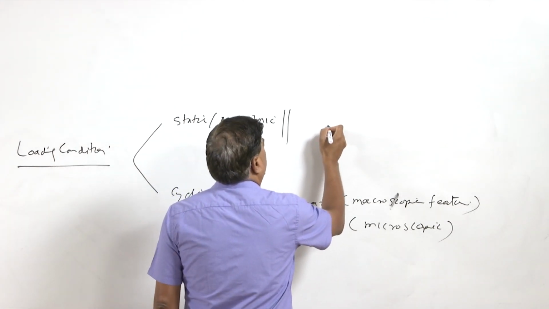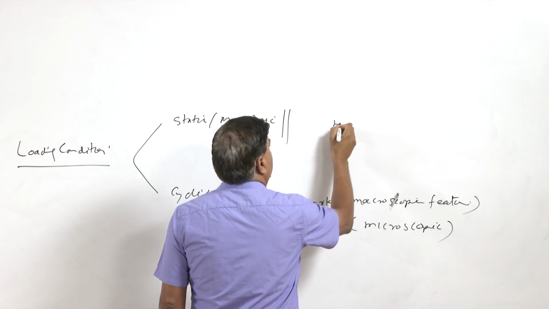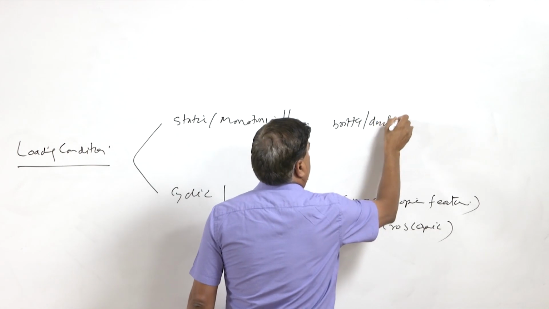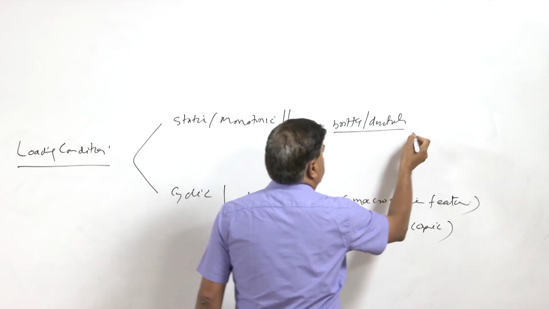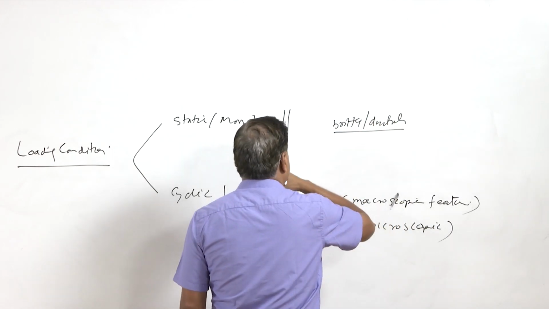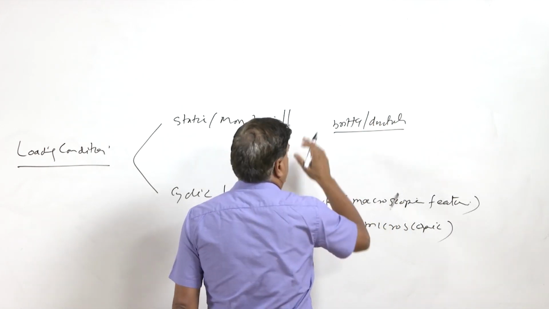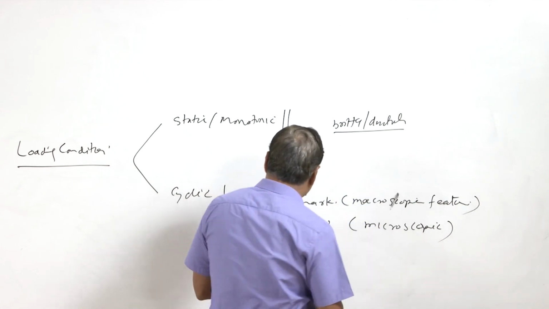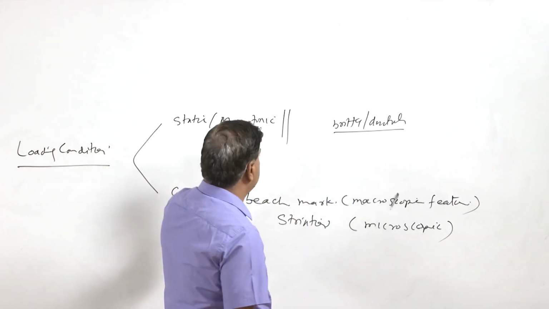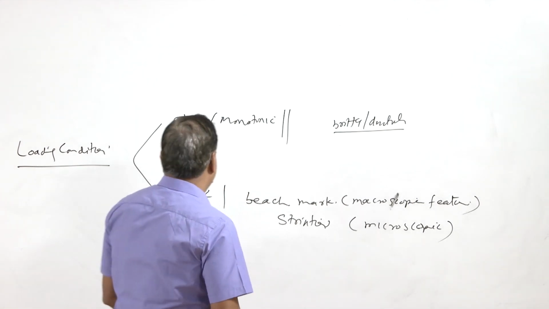For this case we have the brittle or the ductile fractures, in the case of the monotonic loading. So, there is no special feature like beach marks or striations in case of the static and the monotonic loading.